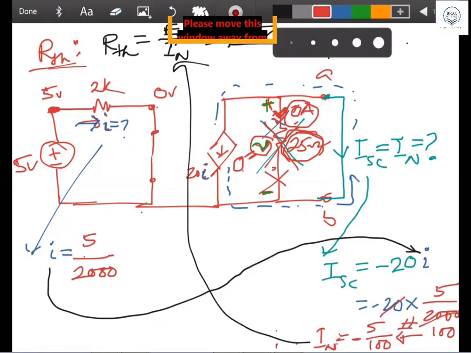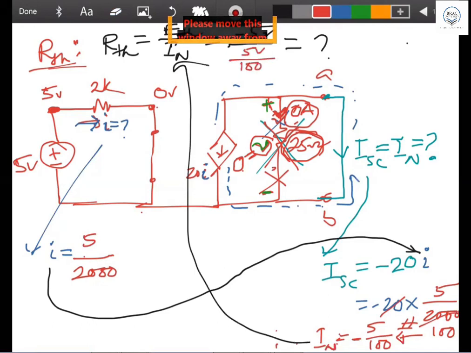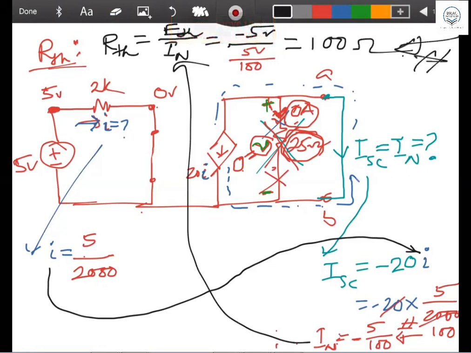Wait for me, I'll do it, and then you copy. So 100 is 100. In the midterm also you applied the same thing. So 100 ohm. So this is your R Thevenin. Isn't it very easy? Yes, sir. So R Thevenin, you get it.